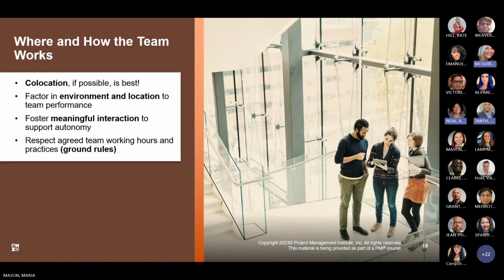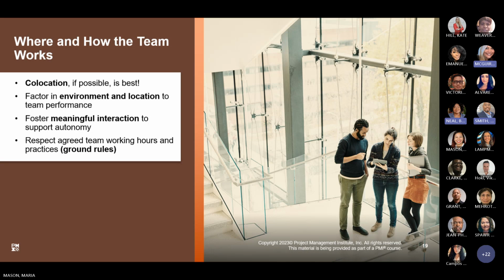You want to set up the physical environment to support the whole team's engagement. If the team feels involved and engaged, their interactions will be more meaningful. And I think we can all attest to that. If you feel like you're a part of the team, you're going to be more engaged and more inclined to give more and to be more effective and productive on the team.